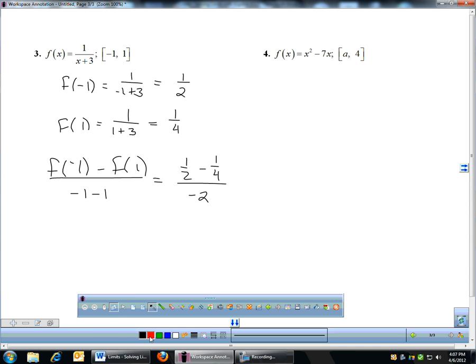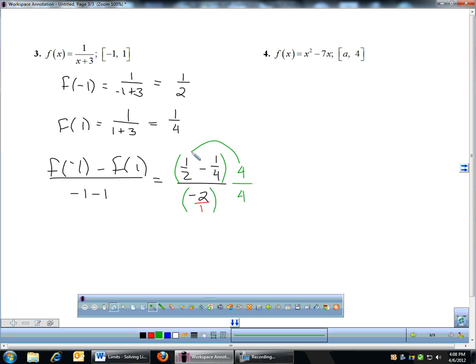And here's the trick I like to use for problems like this, if I have fractions within fractions. I look at all three of these fractions; 2, 4, and 1 are the denominators. I'm going to multiply the top and the bottom by the common denominator, and the common denominator for 2, 4, and 1 is 4. So I'm going to multiply 4 through the top and 4 through the bottom.